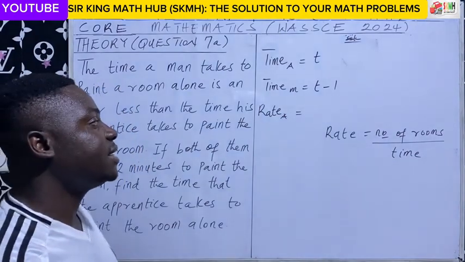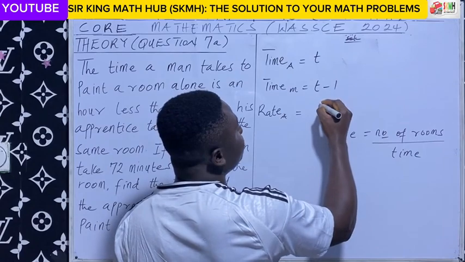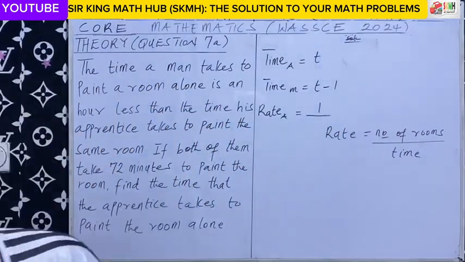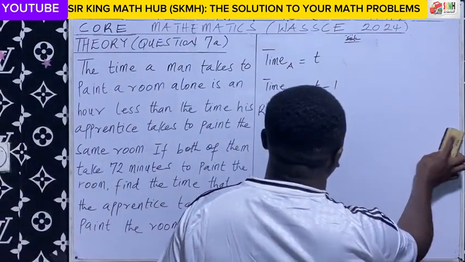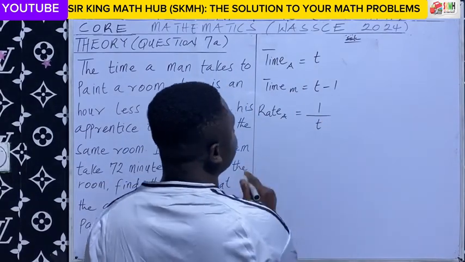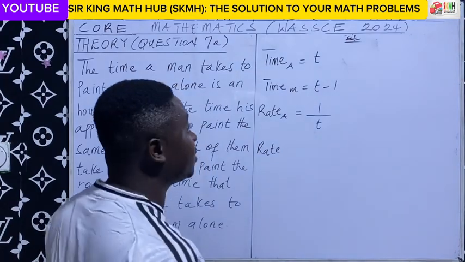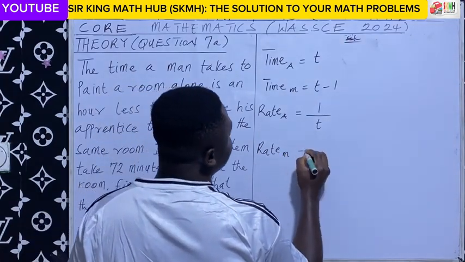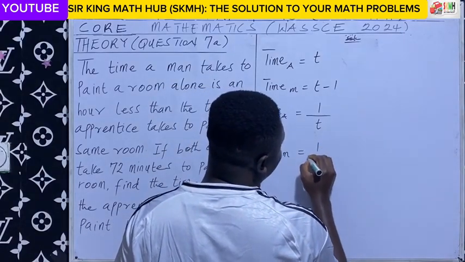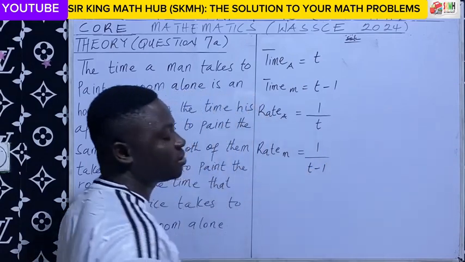The rate of the apprentice will be one room divided by the time used by the apprentice, which is t. Can we also find the rate of the man? Yes, we can. The rate of the man will be one room divided by the time used by the man, which is t minus 1.